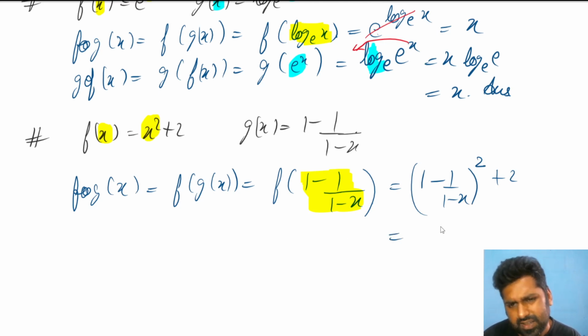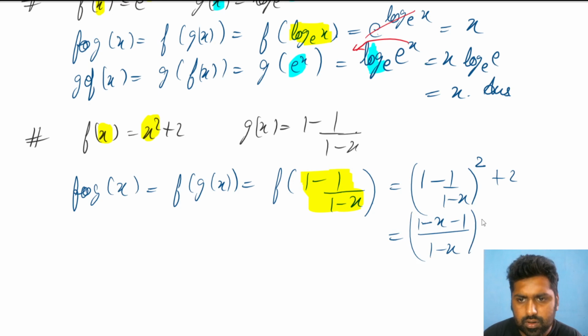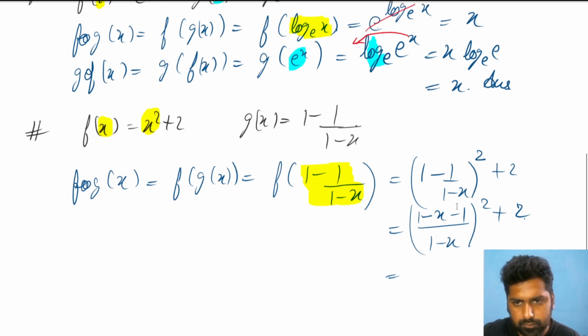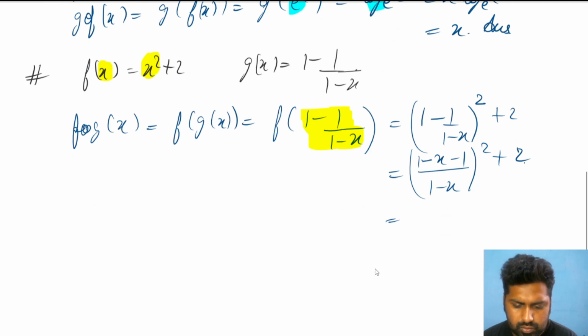What you can do is take LCM maybe. 1 minus x, this becomes 1 minus x minus 1, whole square, plus 2. So 1 cancels.